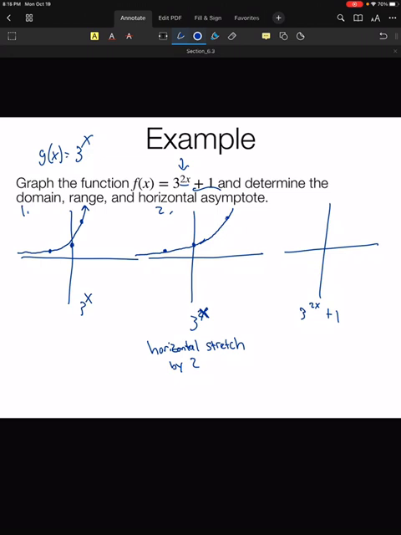And so instead of having the y-intercept be 0, 1, it's now 0, 2. Instead of having this next point at 2, 3, it happens at 3, 3. Oh, sorry, it happens at 2, 4.